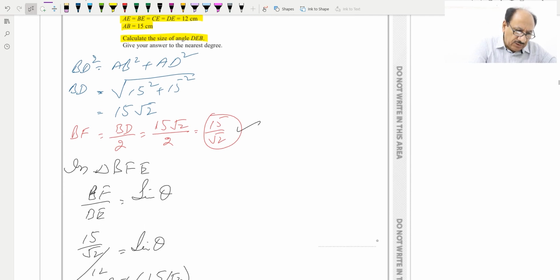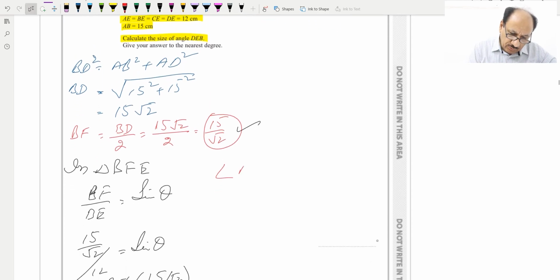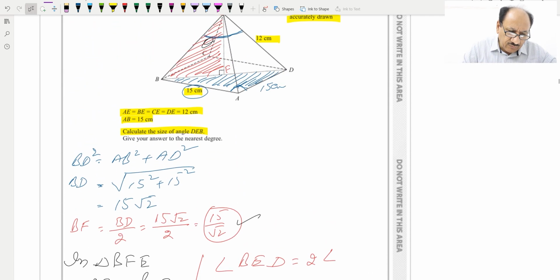This angle BEF is half of BED, or we can say angle BED is equal to 2 times theta, or we can write 2 times angle BEF.